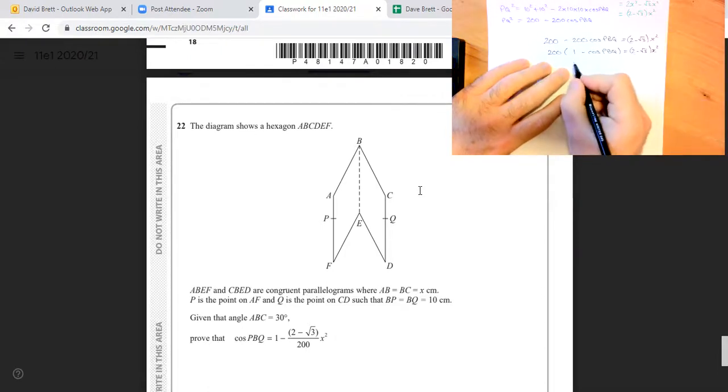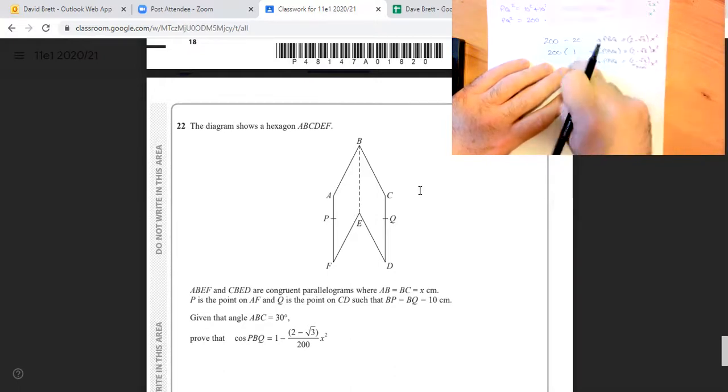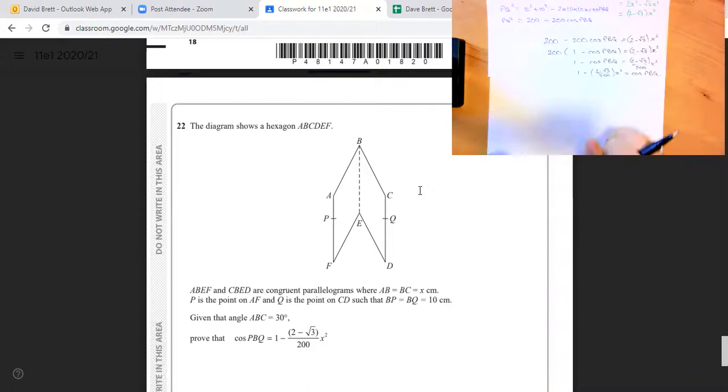So 1 minus cos PBQ equals (2 minus root 3) over 200 x squared. Take that to that side and that to that side: 1 minus (2 minus root 3) over 200 x squared equals cos PBQ.